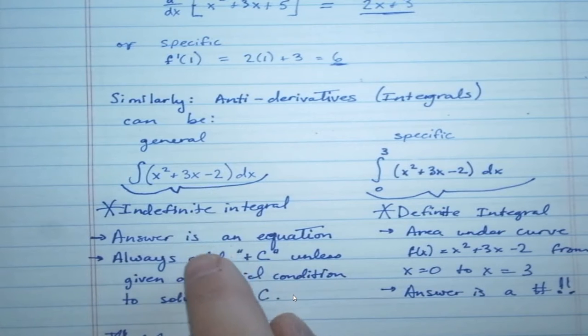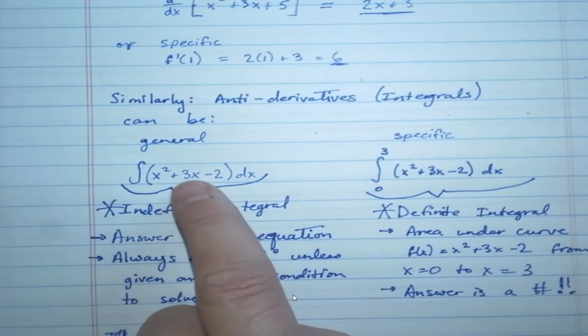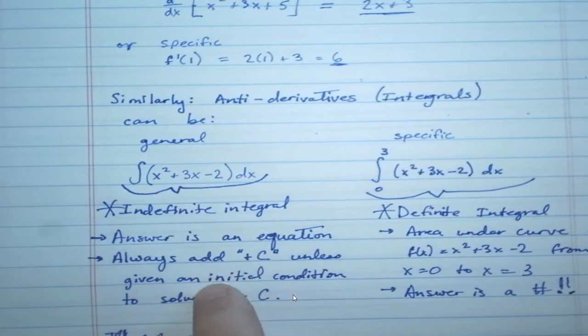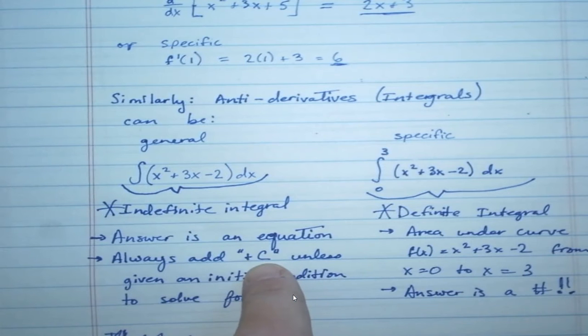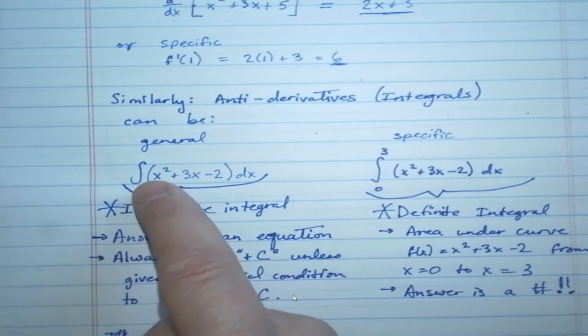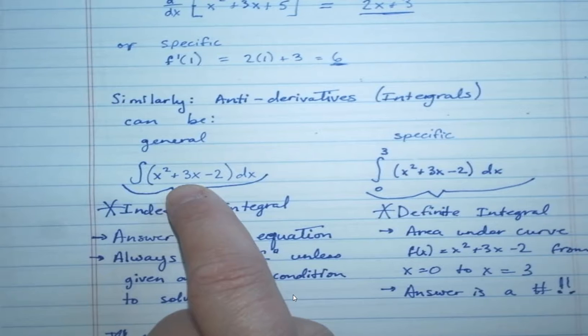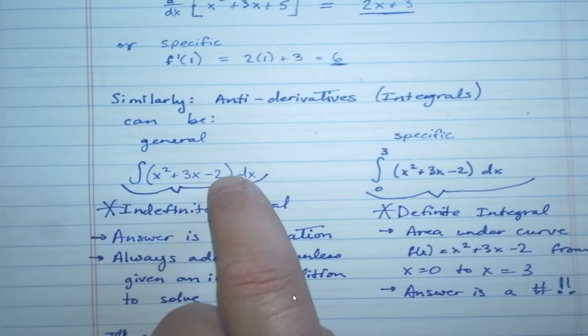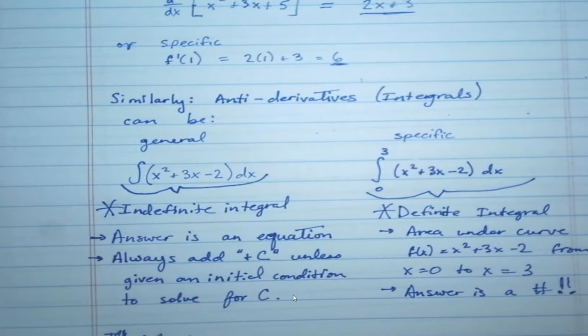So that would be an equation. There's always going to be a plus c at the end. So 1/3 x cubed plus 3/2 x squared minus 2x plus c would be the answer to that indefinite integral. And if they gave us an initial condition, we would then solve for that c value.